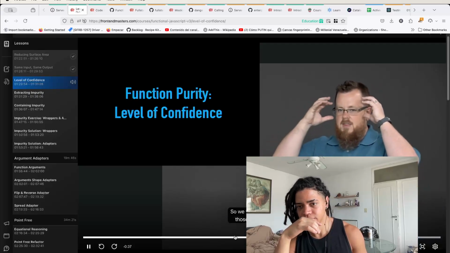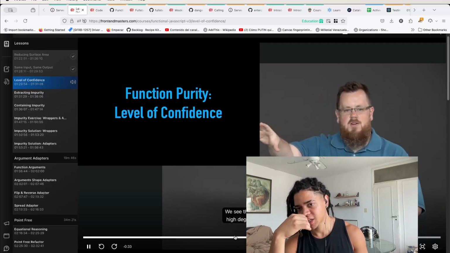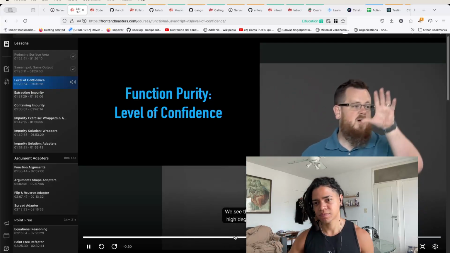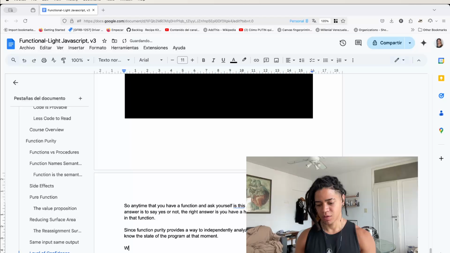We want to be able to get those sunglasses on so that when we look at our code, we see the parts where we have a high degree of confidence, and we see the parts where we have a low degree of confidence.